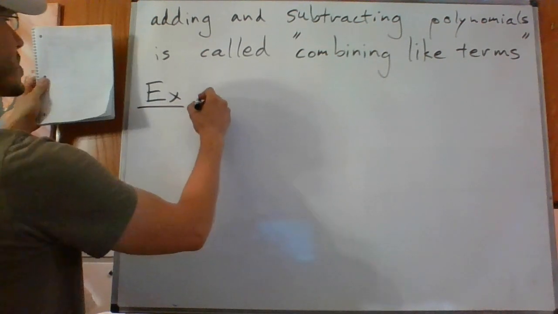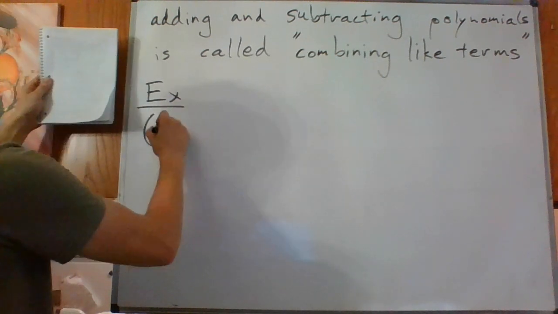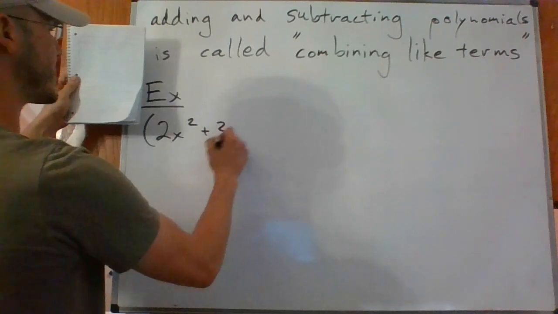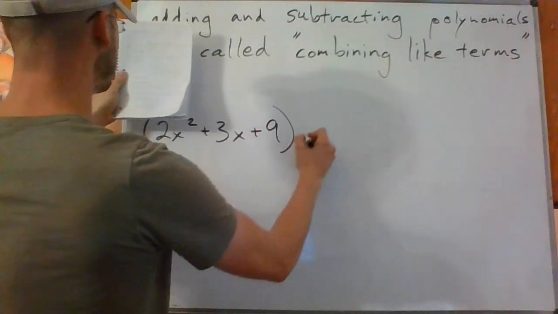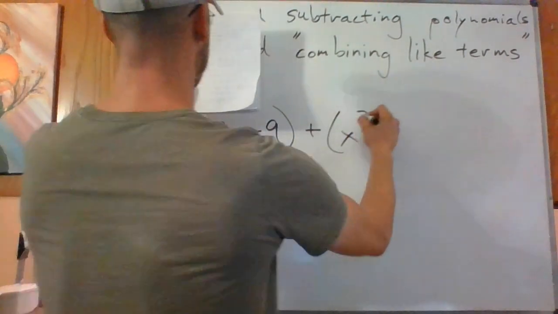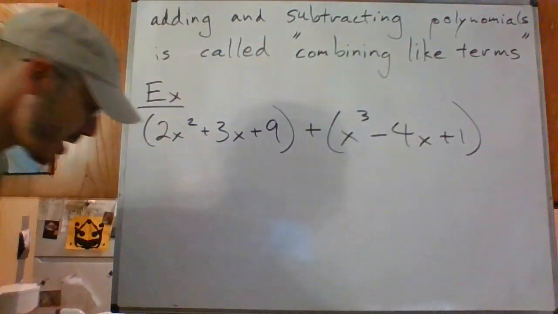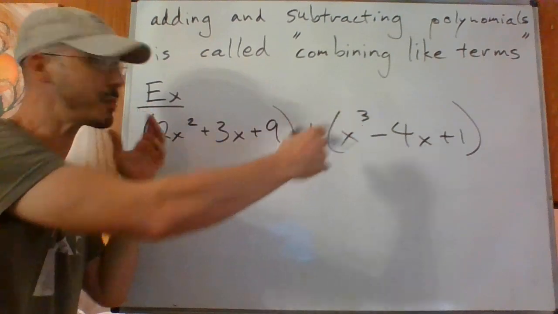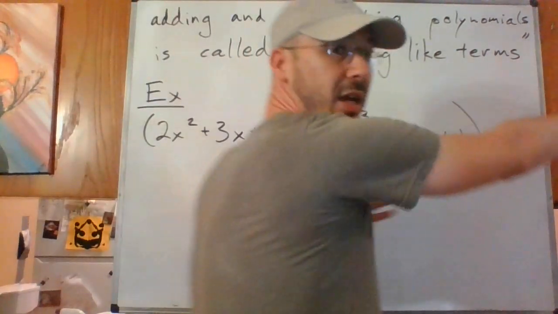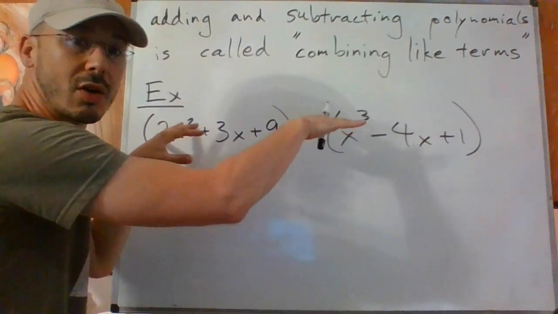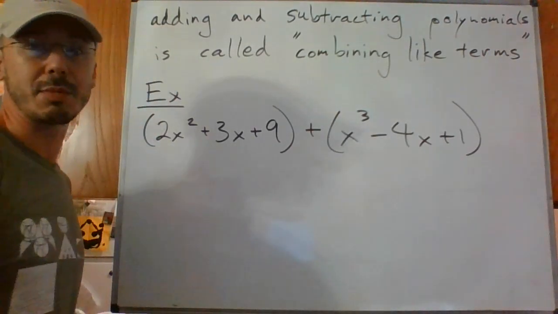I'm going to do first, as an example, 2x squared plus 3x plus 9 plus x cubed minus 4x plus 1. And since this is such a wide expression, I'm not going to do the equals because I can't fit it. So I'm just going to go step by step and simplify it.